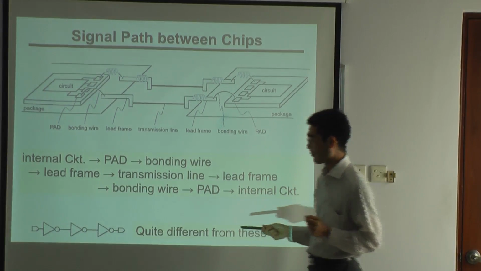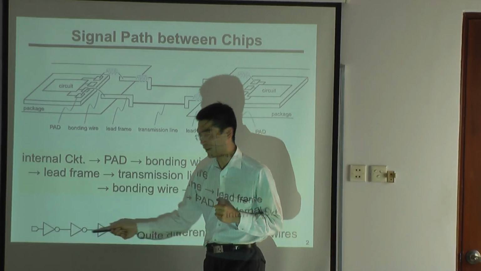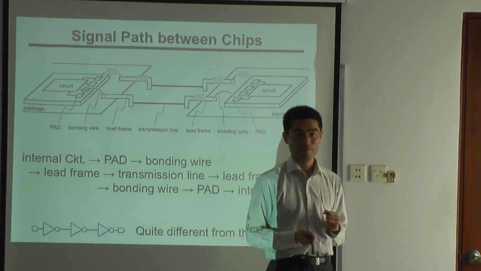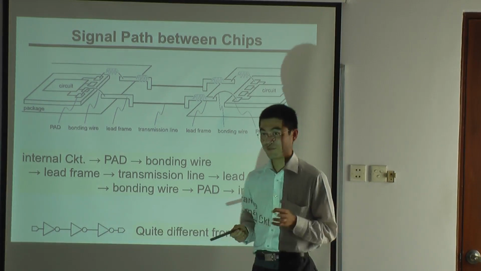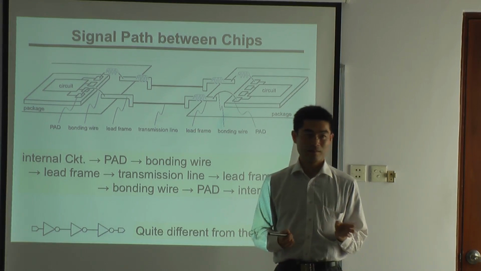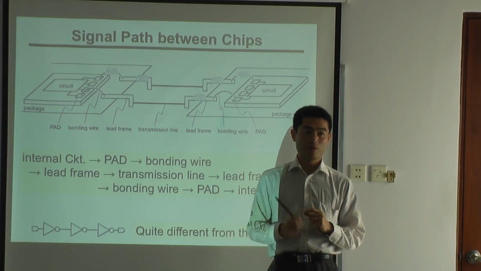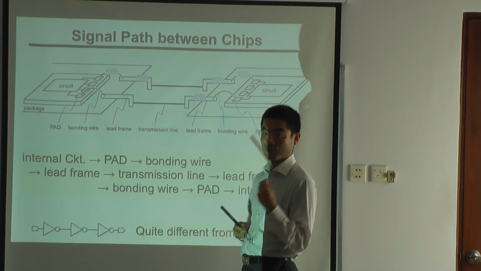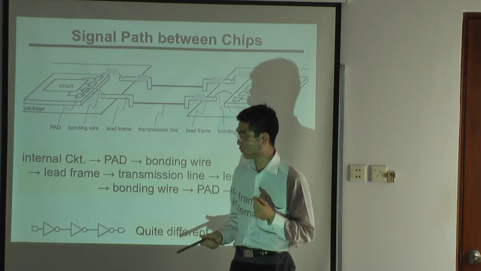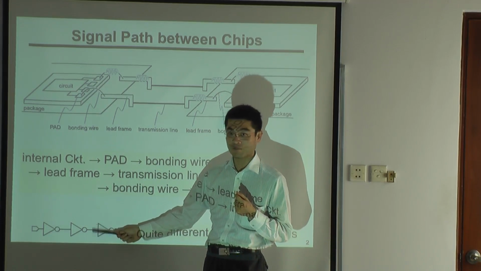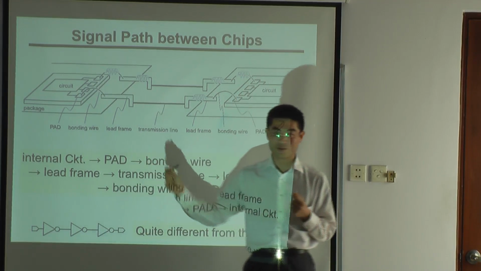On the other hand, this line is in micrometers. So the physics are quite different. Of course, both of them are ruled by Maxwell equations, but the dominant cause of the physics is quite different in the micrometer world and the centimeter world.